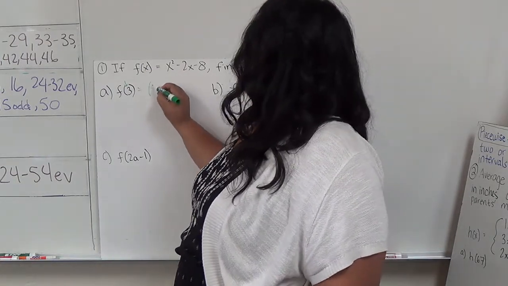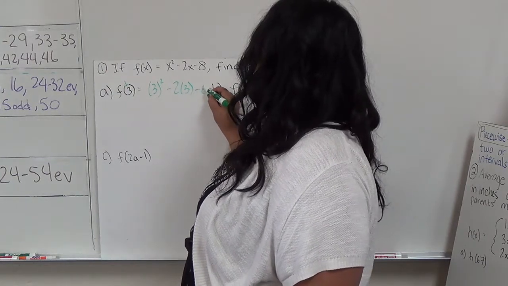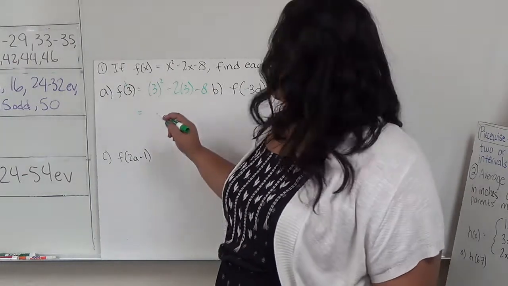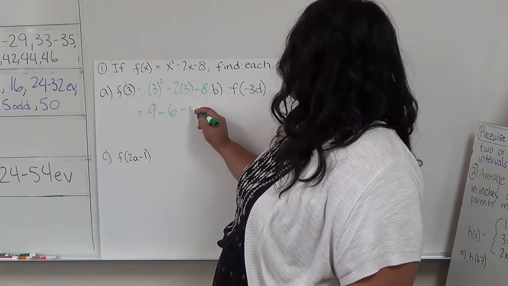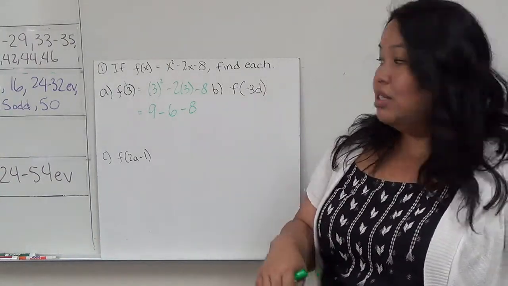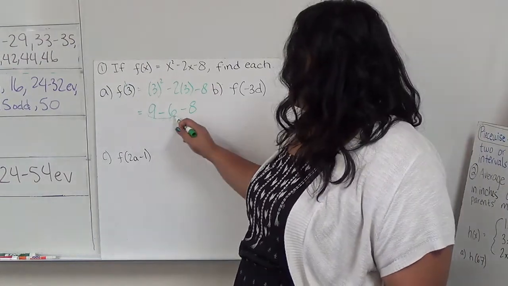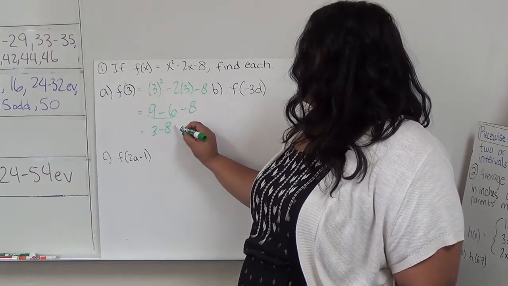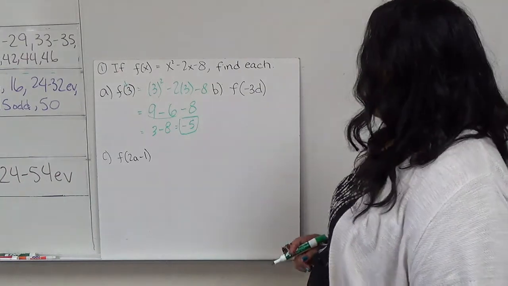So this becomes 3 squared minus 2 times 3 minus 8. So order of operations, I do powers, parentheses, and multiplication first. So 9 minus 6 minus 8. And then order of operations, I do left to right addition and subtraction. So 9 minus 6 is 3. Minus 8 gives me -5. So the value of f of 3 is -5.